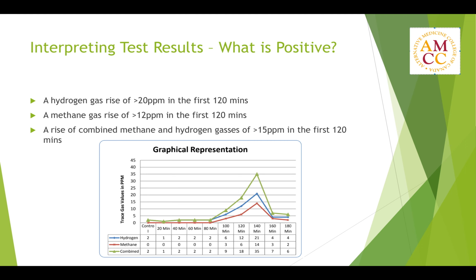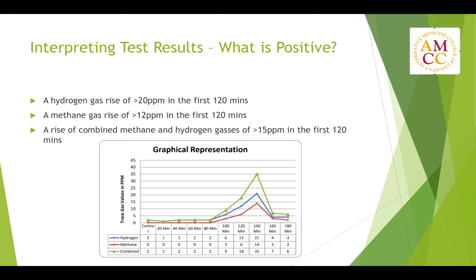If there's a rise in hydrogen gas of more than 20 parts per million in the first 2 hours, or a rise in methane gas of more than 12 parts per million in the first 2 hours, or if, when you add both gases in the first 120 minutes, there's a rise of more than 15 parts per million, all of these are potential scenarios that you would call positive.